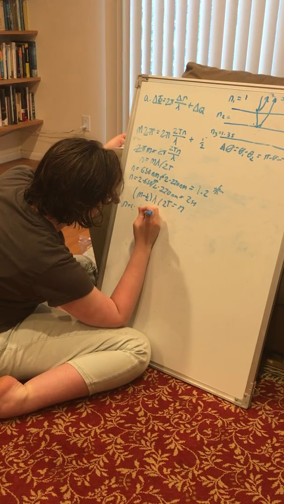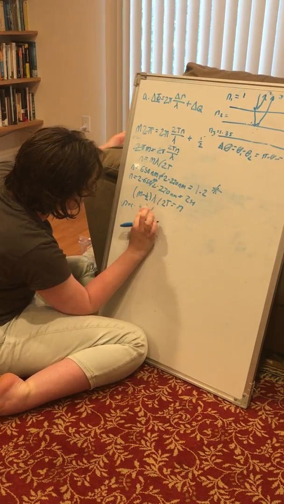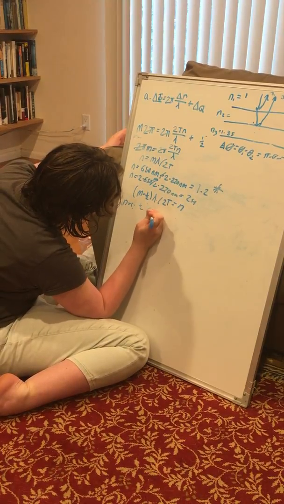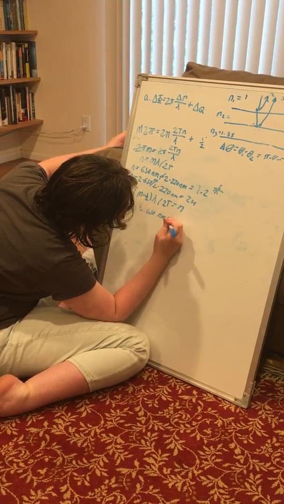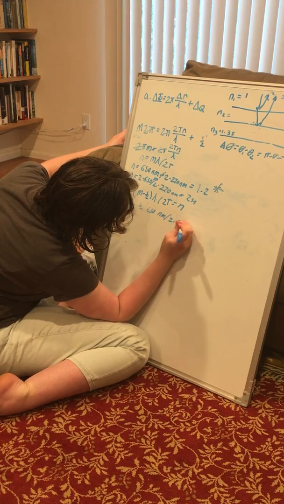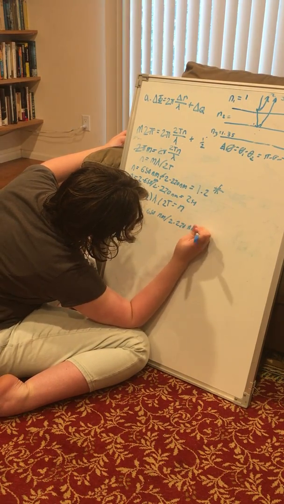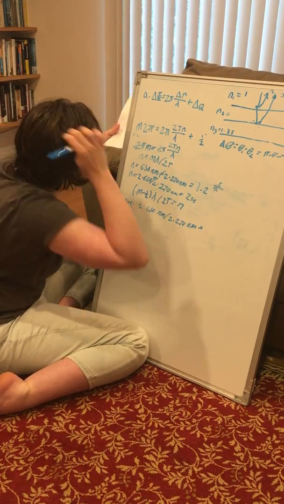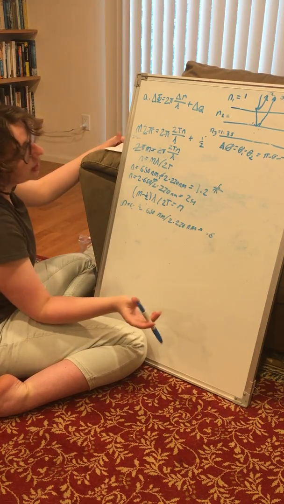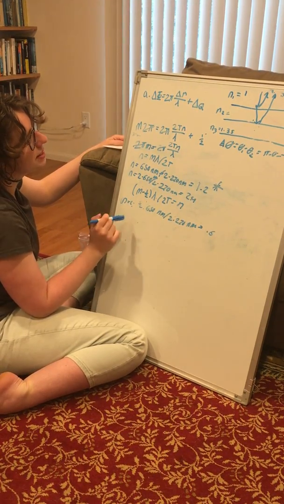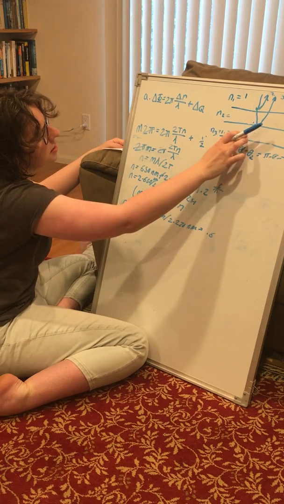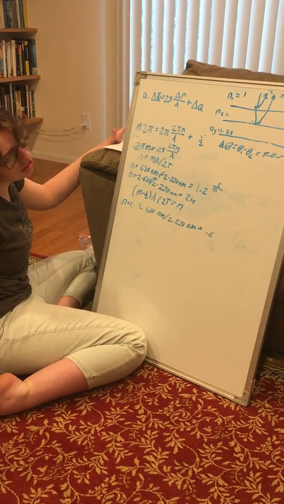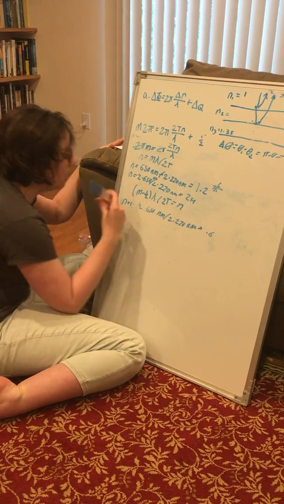And then we're going to get 1/2 of 650 nanometers divided by 2 times 270 nanometers equals 0.6. But that doesn't work with this equation because that is less than 1.35, and therefore we wouldn't have the pi phase shift. So we move on to the next value of m.